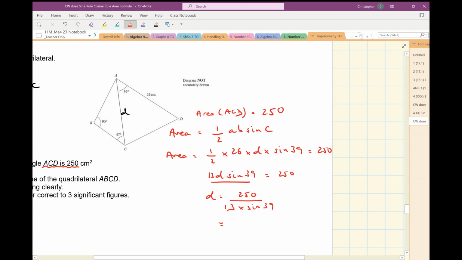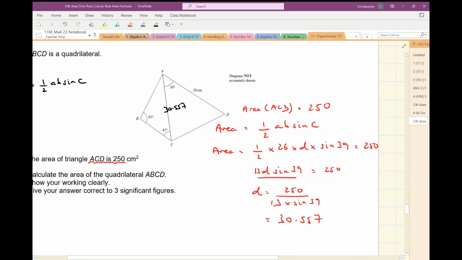So that mystery side there, that d, is 30.557. Okay, good. Right, well done. We found that side. 30.557. Now, all eyes on the left-hand triangle now. How can we find the area of that?